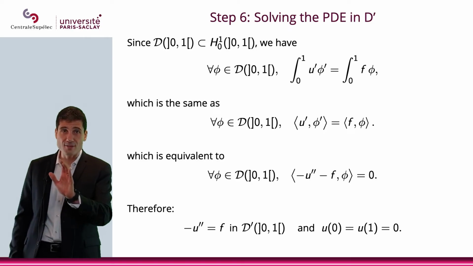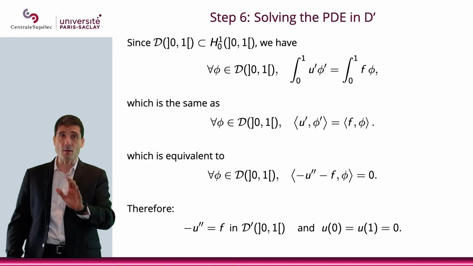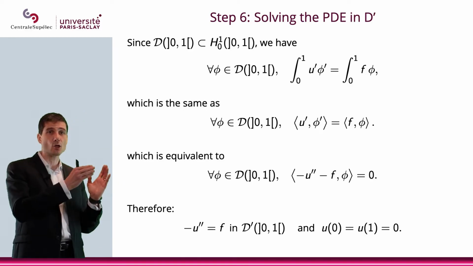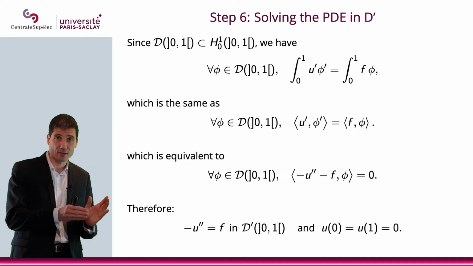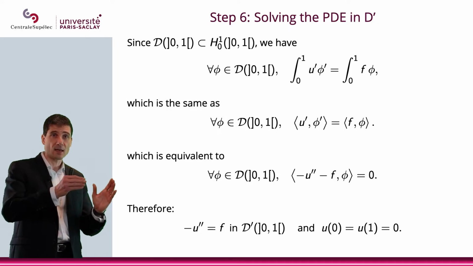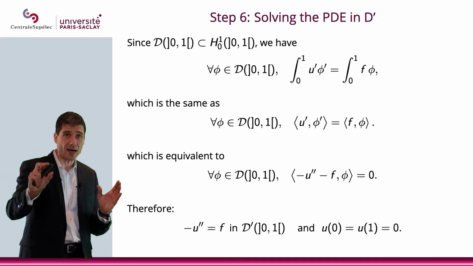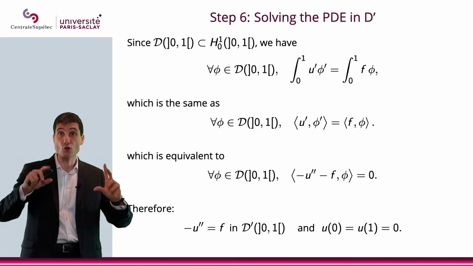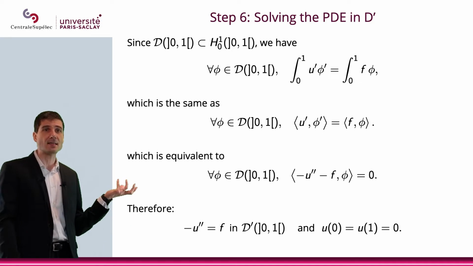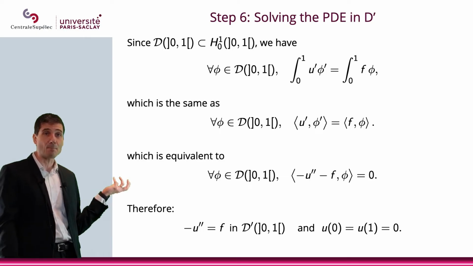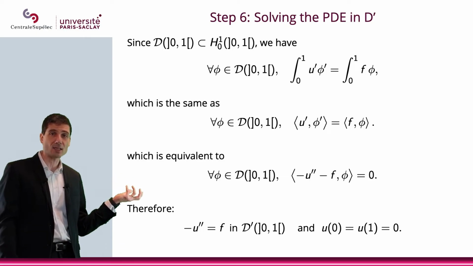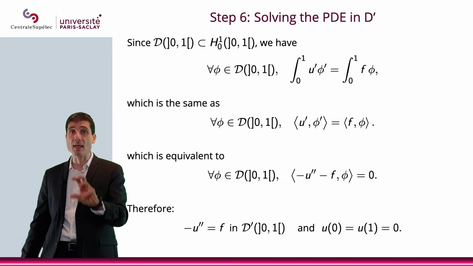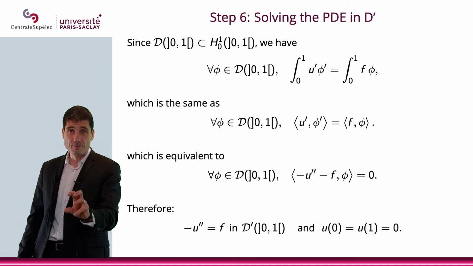The reason why I have so is because I have minus u second minus f, which applied to any phi is equal to 0. So I apply it to every single phi. So in the dual space, which is the space of distributions, it means that minus u second minus f has to be the distribution 0.